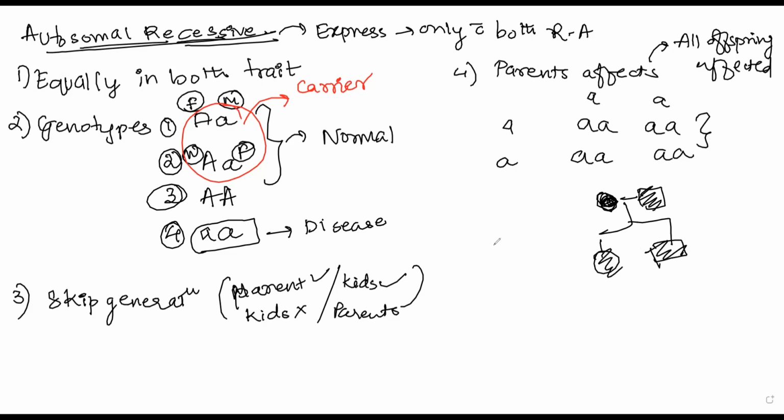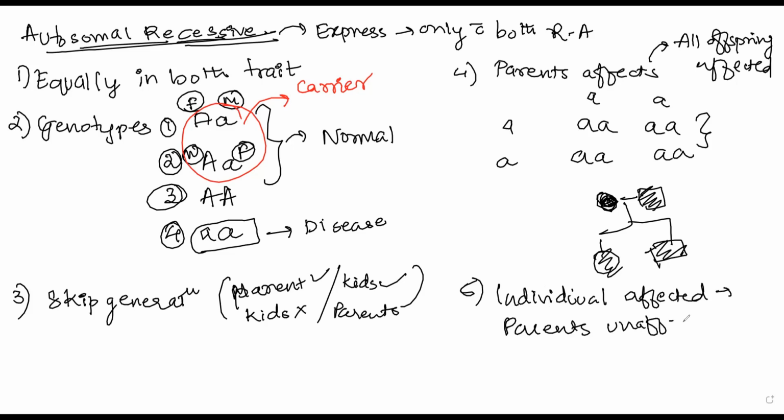Now, other trait that is possible here is that the individual is affected but the parents are unaffected. What state would this be? Try to draw the pedigree for this. Pause the video. So what is the pedigree for this? That the parents are unaffected like this, but one of the children is somehow affected like this.